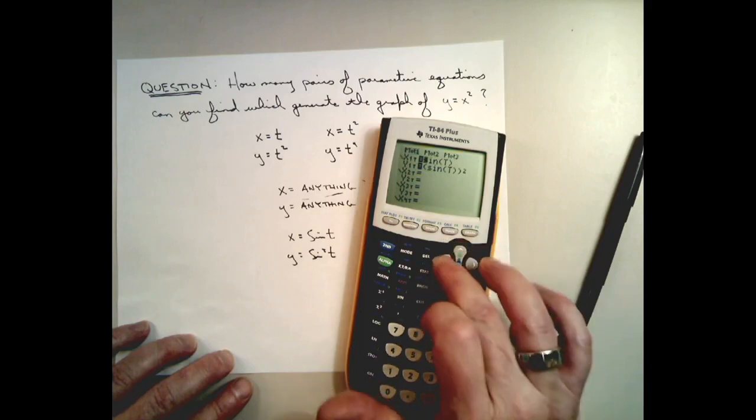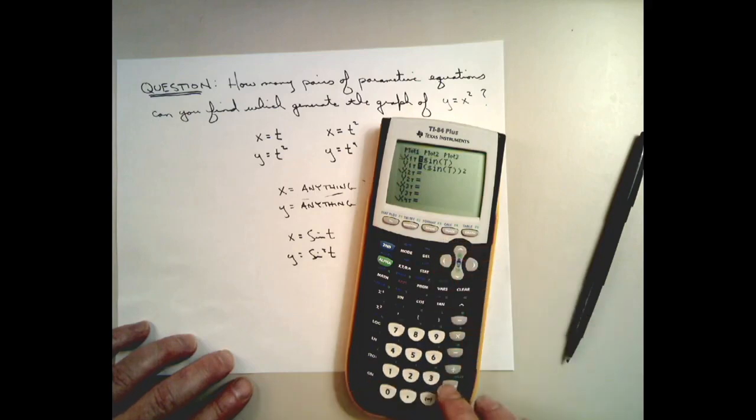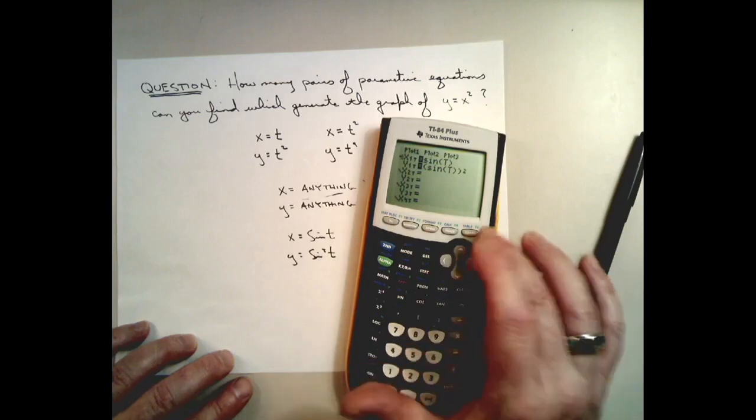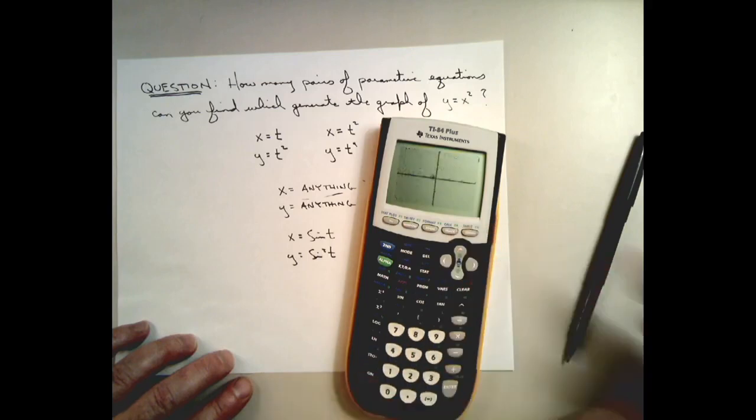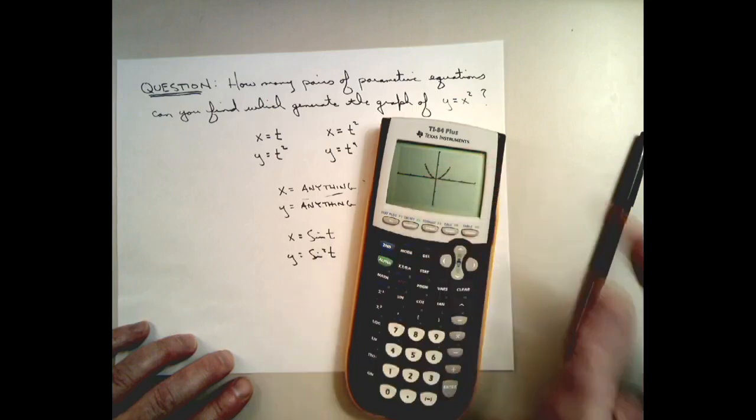Is it with the enter key? Yes, the enter key changes that little symbol. If I change it to this little circle-like thing and then graph, it's showing me how the graph is being created. And look at that, it still wasn't done. It traced back over itself again.